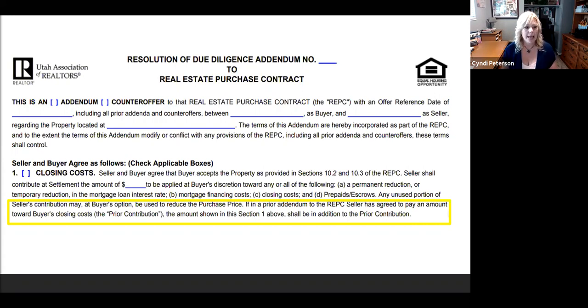So if you're going to ask for additional closing costs to be paid besides what you've already asked for, say you've already asked for 2.5% and they already agreed to that on a separate addendum for closing costs, this section is only going to be what you're going to do in addition to that to cover anything that needs to be repaired in the home or that they want to reduce the price for. But just make sure that your seller knows, if you're representing the seller, that they understand this is in addition to those closing costs. Any questions on that section?